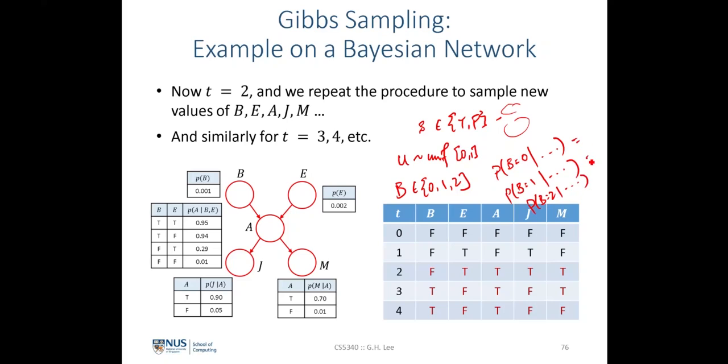So we'll be able to compute these three values over here, V1, V2, and V3. The way that we draw a sample from this is that we'll still draw a random sample from the uniform distribution between 0 and 1. And since V1, V2, and V3 add up to 1, we will check which range this random sample U overlaps.